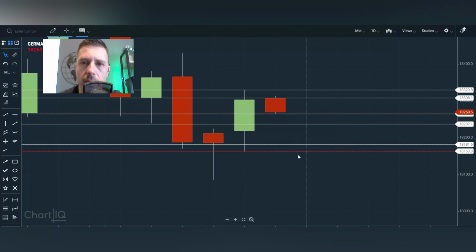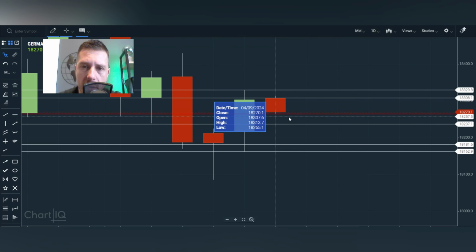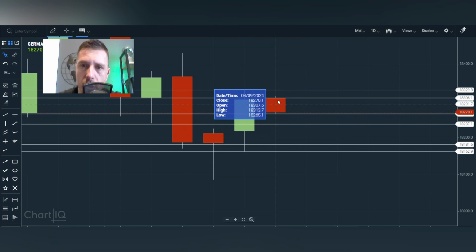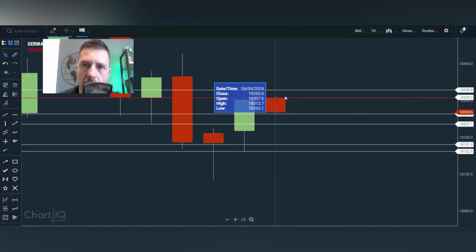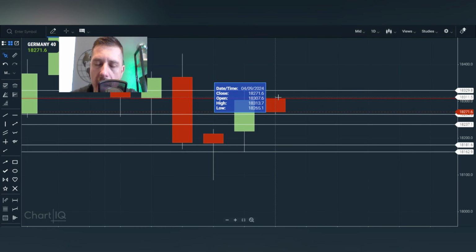I made a video before. When you open up the chart and you check the daily candle, if it's bearish and pumps back up and breaches the open price, it could be a potential long opportunity, as it shows buying pressure.